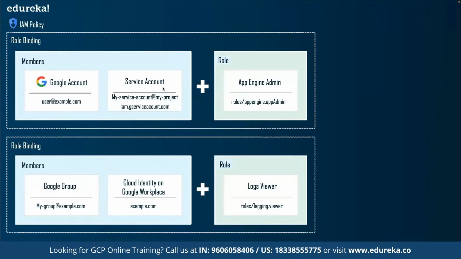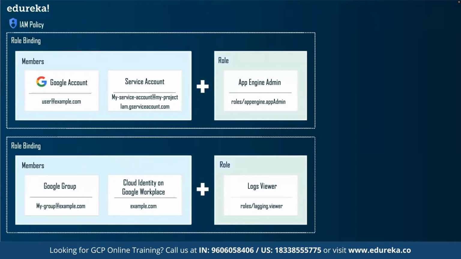And we have something called a policy. The allow policy is a collection of role bindings which bind one or more principals to the individual roles. Now, when you want to define which principal has what type of access or role on a specific resource, you actually create an allow policy and attach it to that particular resource.